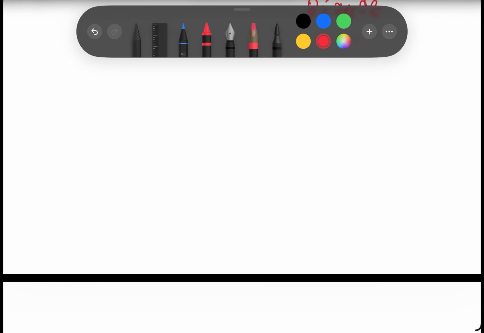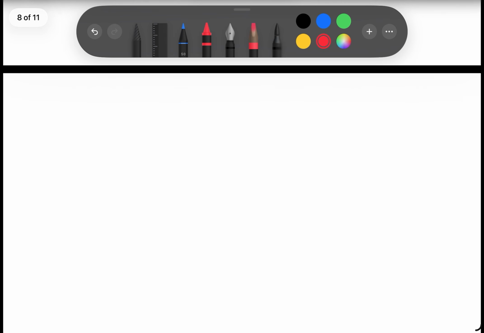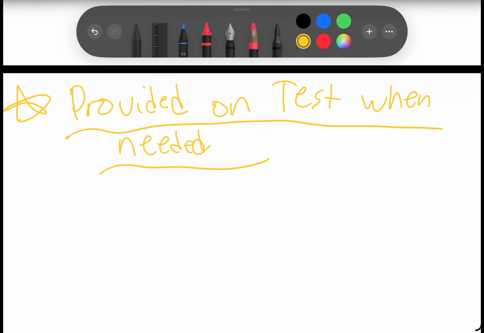And these are provided on the test when needed. So if you need to use it, they'll give it to you.